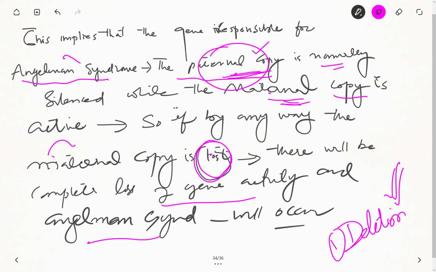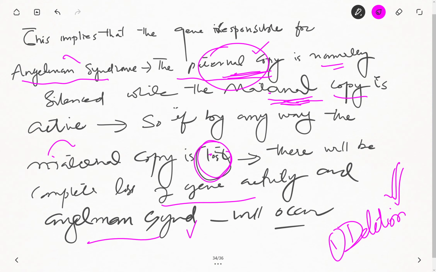The paternal gene is already silenced by imprinting, and the maternal copy is lost by the microdeletion. So now we have no gene activity, and we end up with Angelman syndrome. The same is true for Prader-Willi syndrome, but that happens when the paternal copy is deleted and the maternal copy is already silenced.